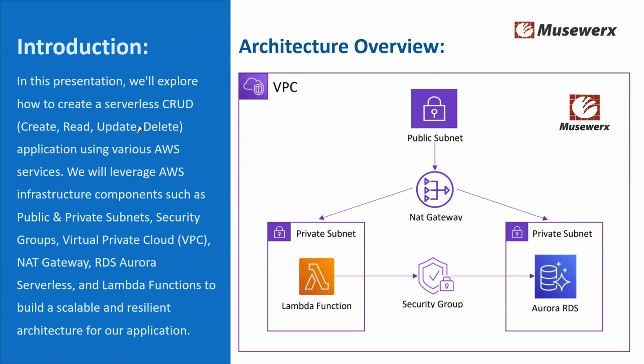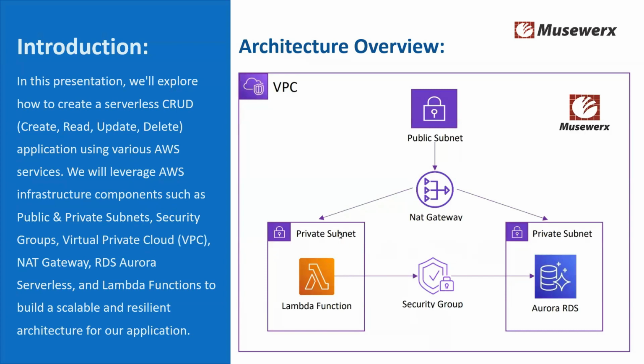So we will explore how to create a serverless CRUD application using AWS services. As I mentioned, we will leverage AWS components such as subnets, security groups, VPCs, NAT gateway, and Lambda functions. And even within the component itself, the internal communication goes through a security group.